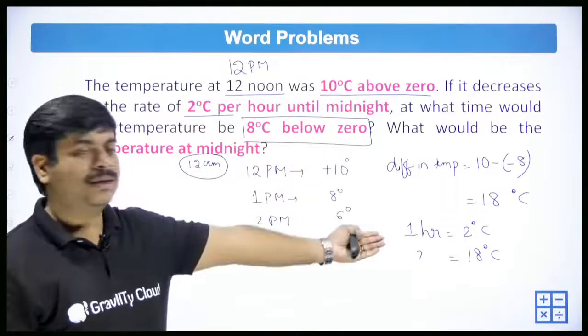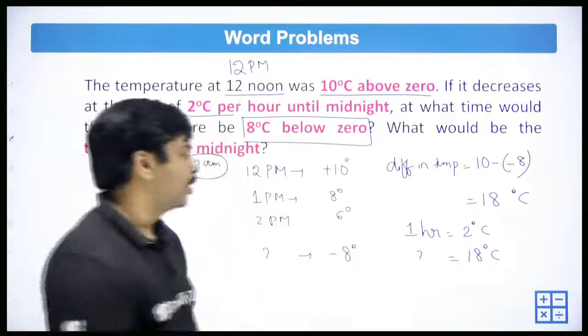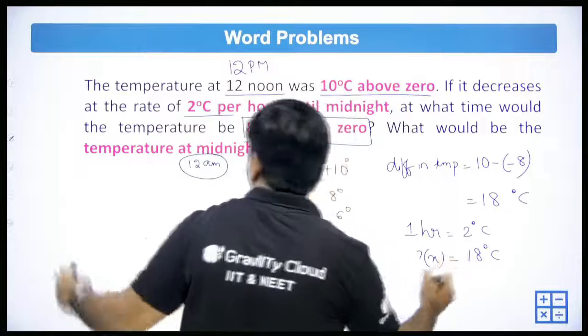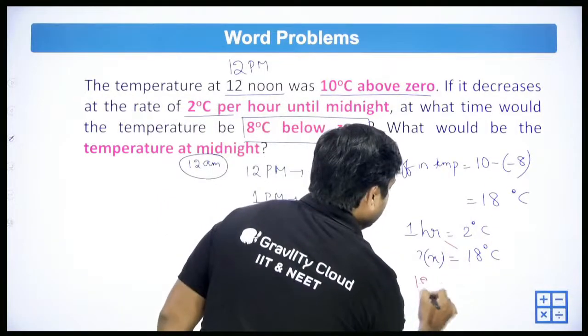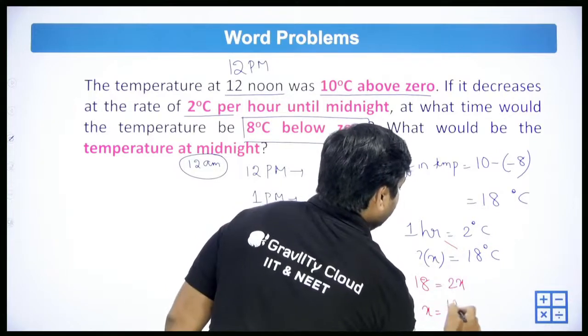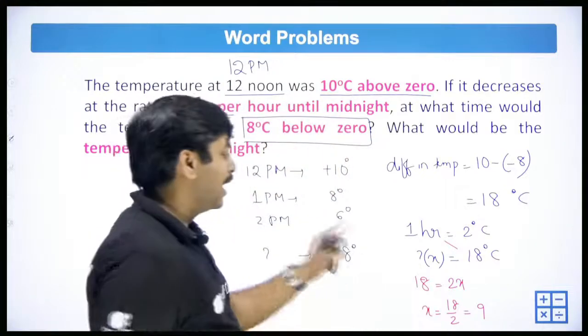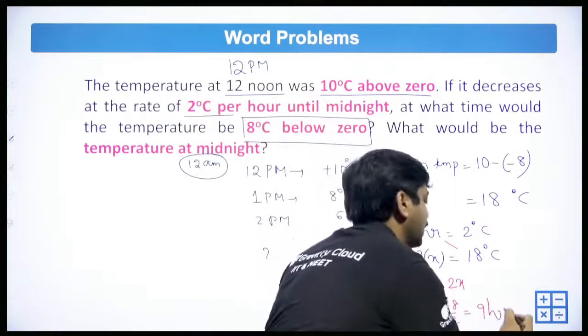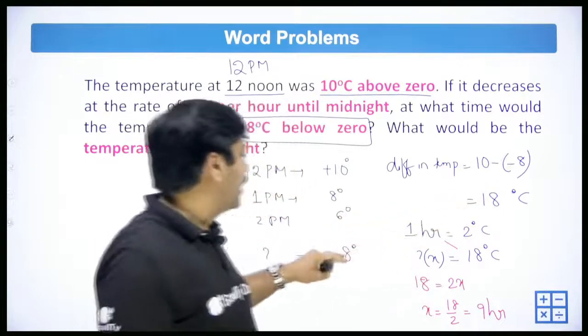It's very simple. 2 nines are 18, so 1 into 9, 9 hours. If you're confused, just take it as x and cross multiply. So 1 into 18 is equal to 2 into x. From here we get x is equal to 18 by 2, which is 9 hours. It takes 9 hours to reach the point minus 8.